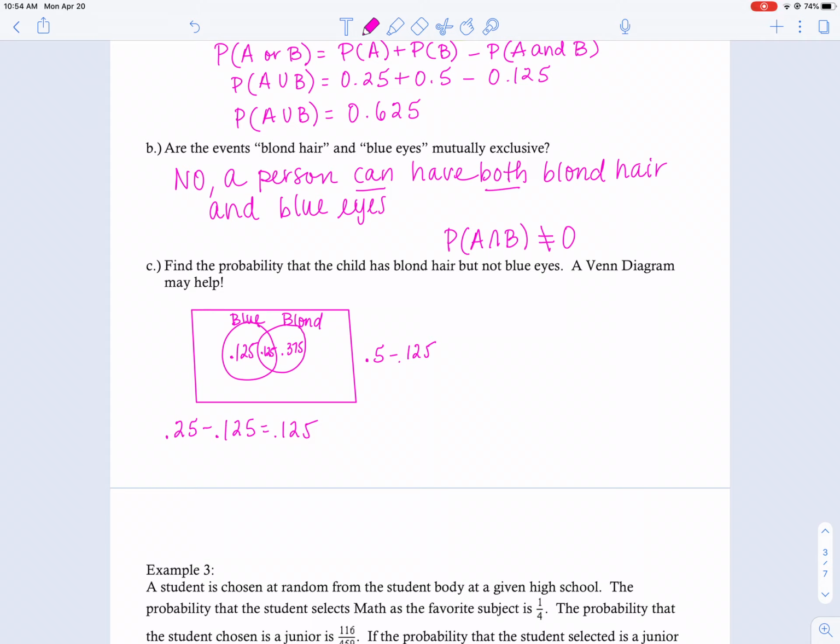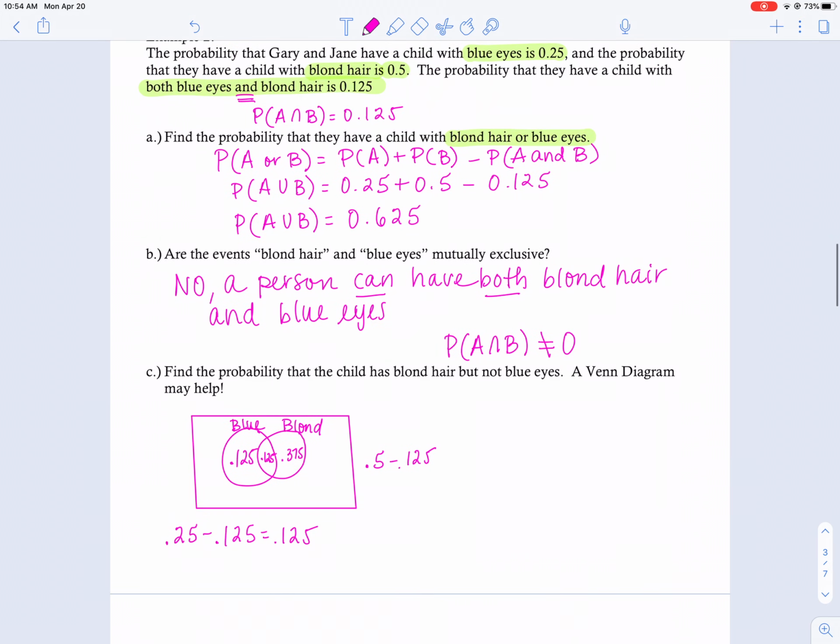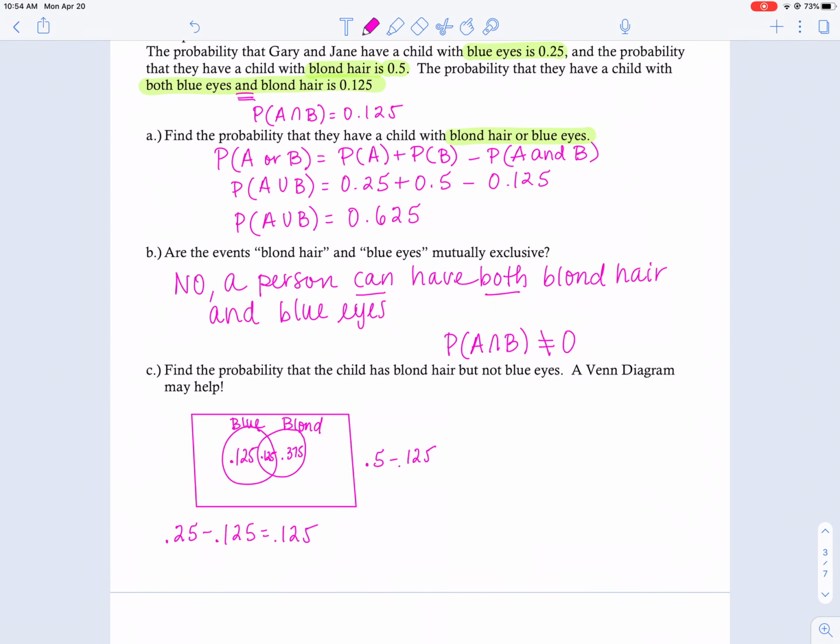Now, they want the probability of, it says, find the probability that a child has blonde hair but not blue eyes. So blonde hair but not blue eyes. Blonde hair was 0.5. Yeah, this looks good.